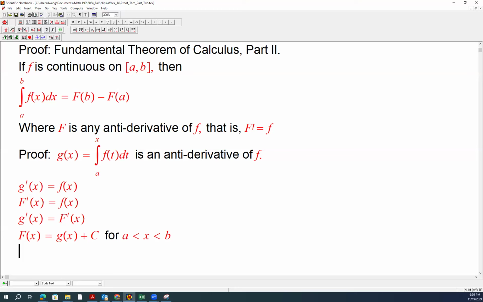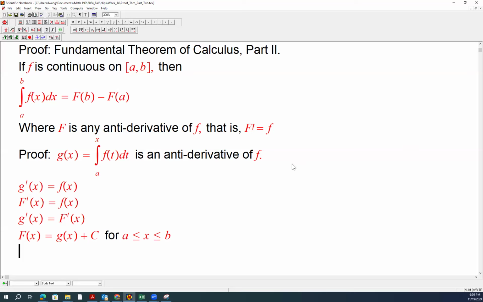By taking limits on both sides, because x can be as close as possible to a, when we take the limit this is still true. So this will be true for all of the x inside a, b. We kind of wave our hands about it, but it's true.